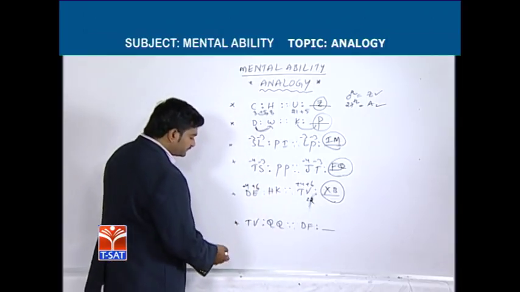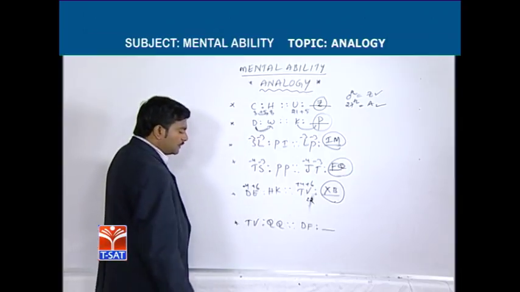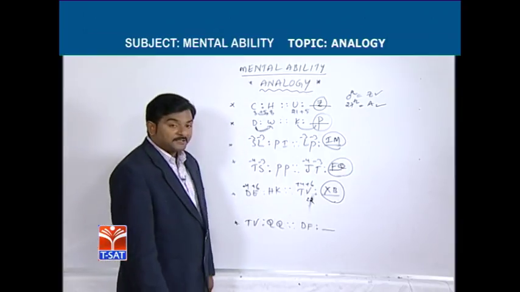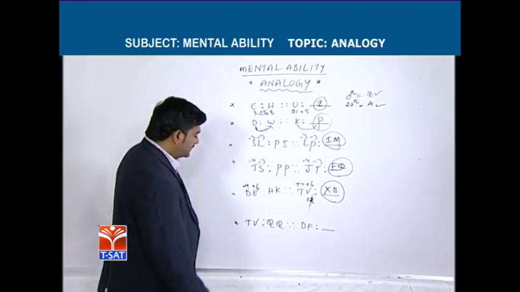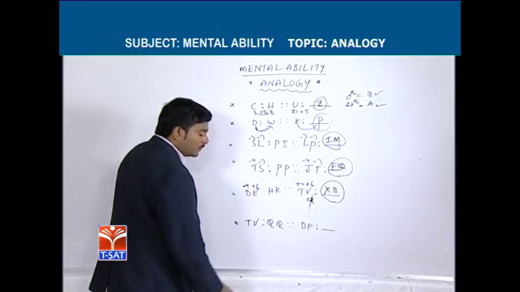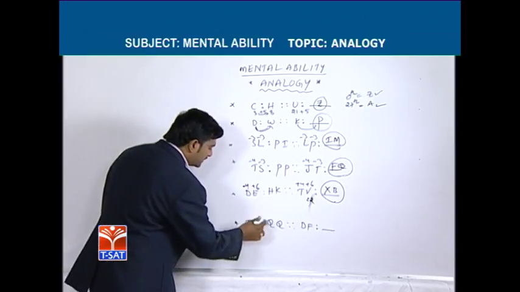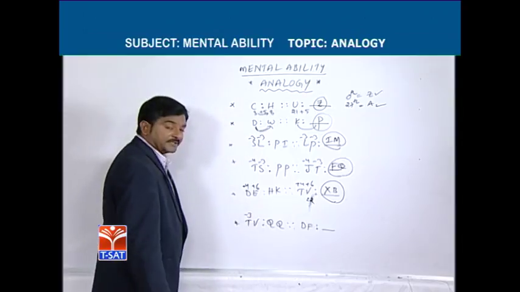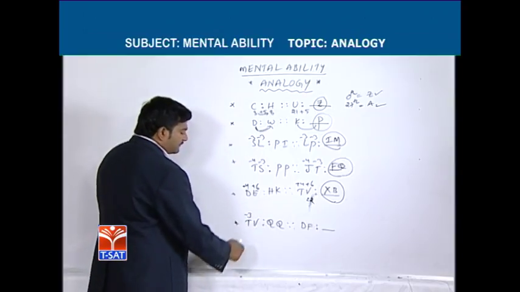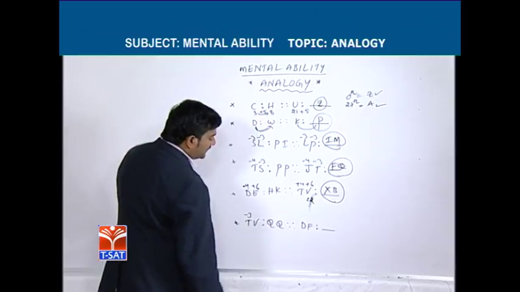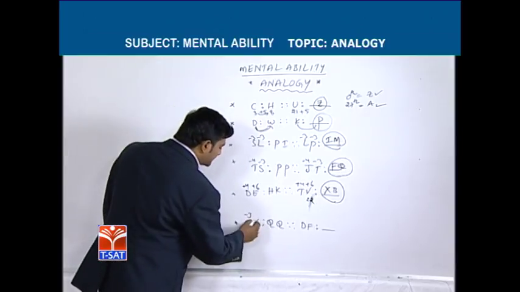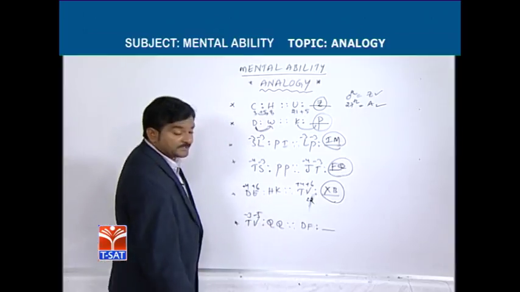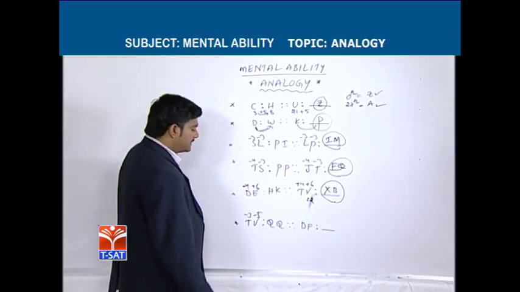Observe here, TV is to QQ as DF is to dash. T means 20, Q means 17, so 20 is written as 17: minus 3. Here V means 22, Q again 17, so minus 5. Minus 3, minus 5.